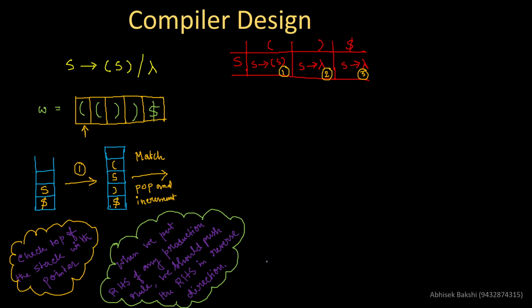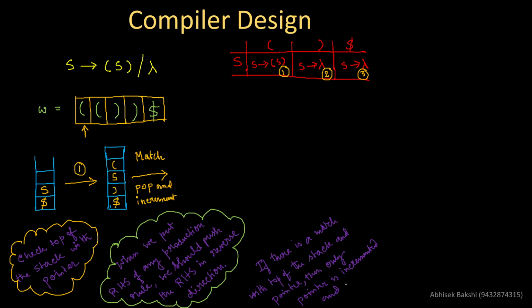Point number 3 is saying that if there is a match with top of the stack and pointer, then only pointer is incremented and the character is popped out.